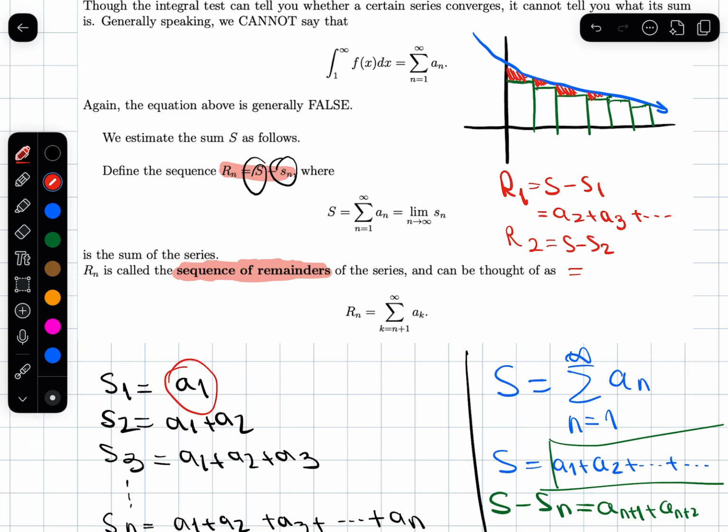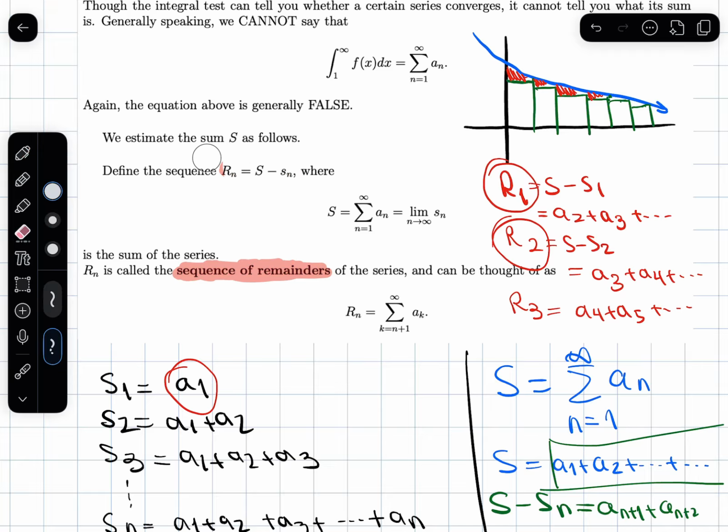So it will be a3, because I took a1 and a2 away, plus a4 and so on. R3 is going to be a4 plus a5 and so on. And so Rn is the remainders. So whatever Sn is lacking for you to get the whole sum of the series.